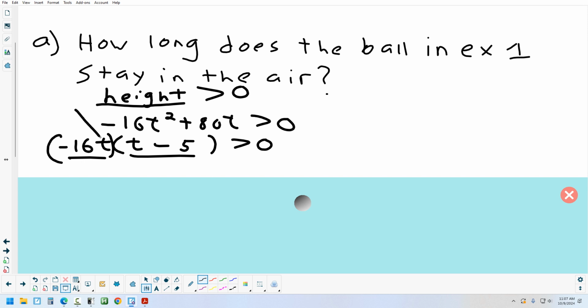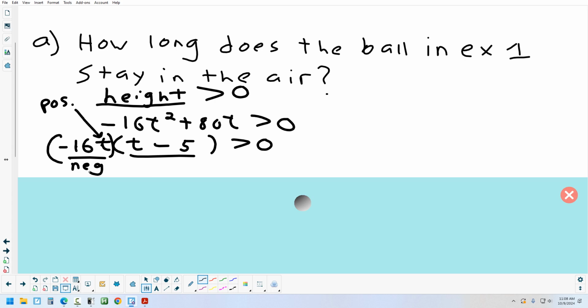So this value that I'm pointing to is always a positive. If you take a value that's always positive and multiply it by negative 16, what kind of answer do you get? You're going to get a negative. So no matter what you plug in for t, it always has to be positive. And a positive times negative 16 means this entire first thing is always going to be a negative. Is there any question why this is negative?